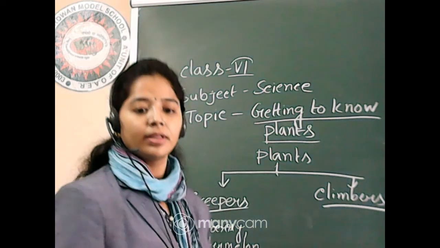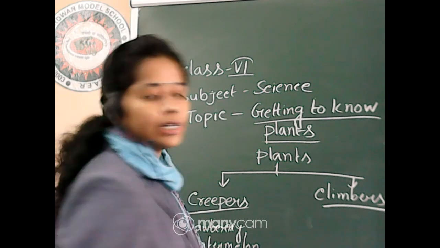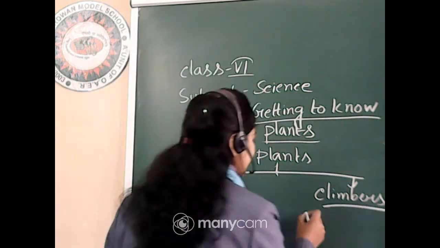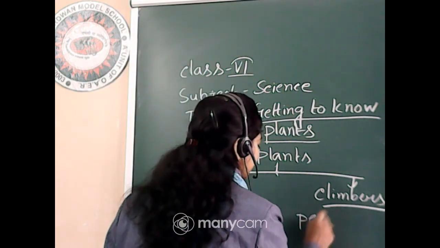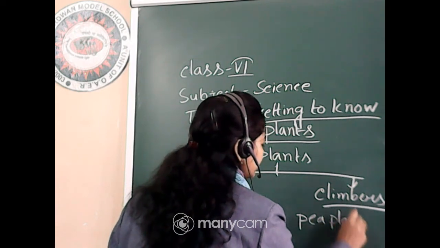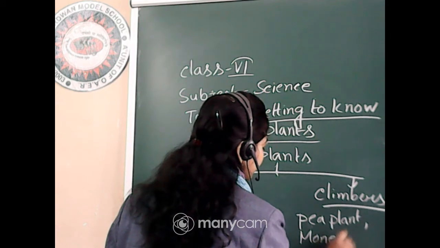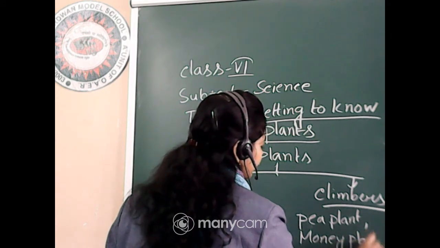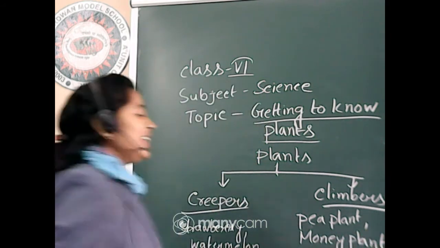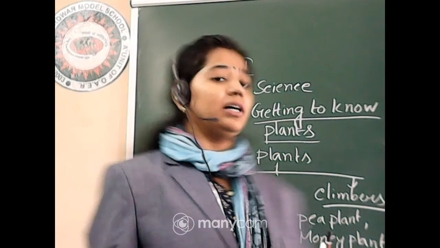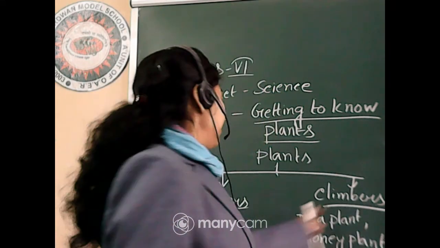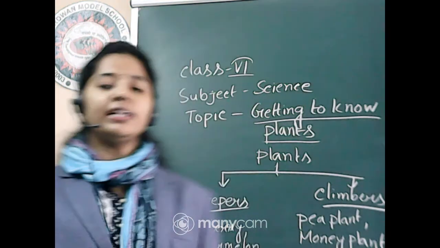Okay, bitter gourd. Yes. So right, pea plant, then money plant. Okay, these all are examples of creepers and climbers that I have written here.